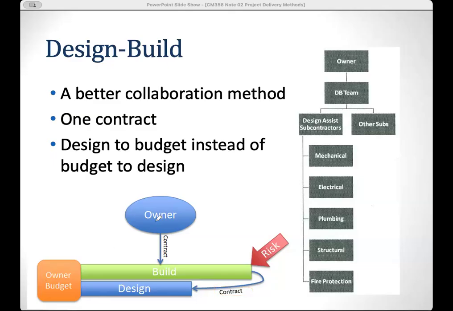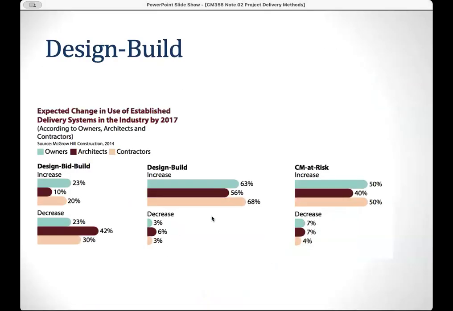The owner has a contract with the general contractor, or the DB team, and the price is the owner's budget. The DB team may meet this budget or may cost less than this budget to finish the job. The difference will be the profit, right? But the owner will not pay more than this owner budget.